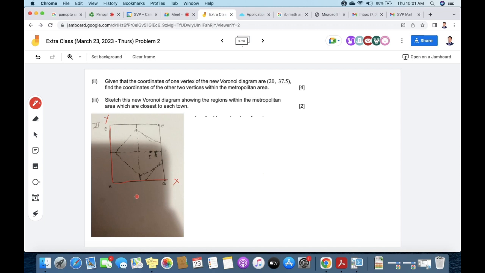So you might be thinking that this one is the Cartesian plane. No, it's not. This is not the Cartesian plane. Okay, this one is the Cartesian plane, the y and the x. And then just to make it clear, let me just use blue because it's not yet showing on my other gadget. So this one is actually the Voronoi diagram. Okay, this one here.